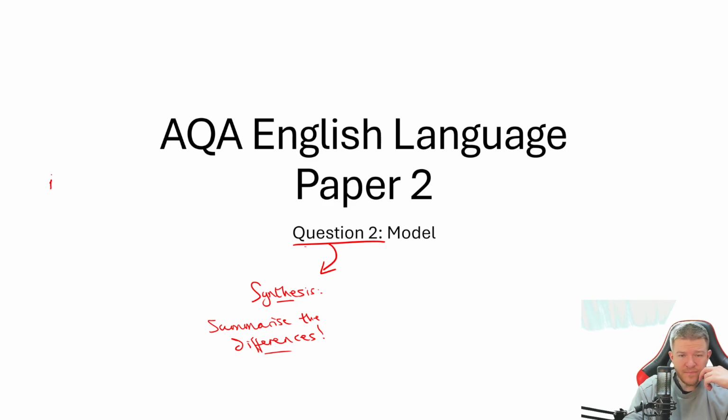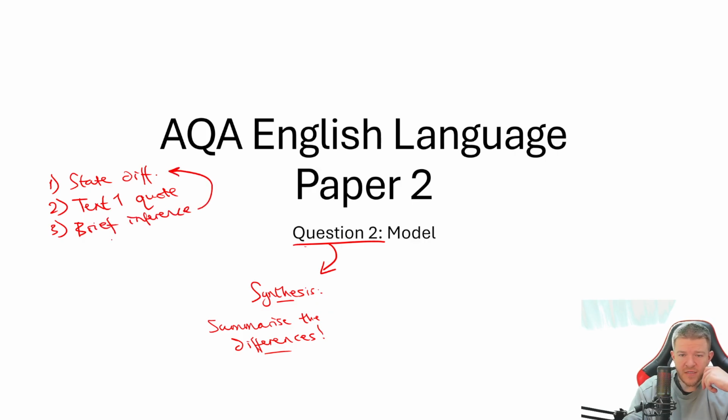So synthesis is where you are going to take the following approach. You're going to state the difference. You're going to give your text 1 quote. You're going to give your brief inference to reaffirm that difference.